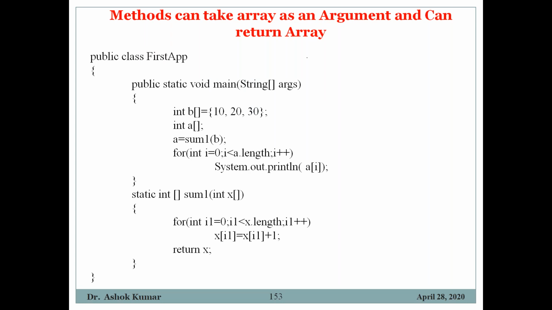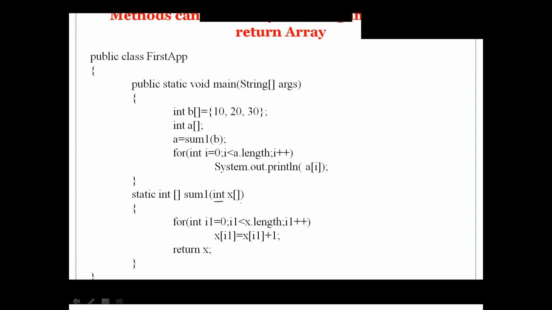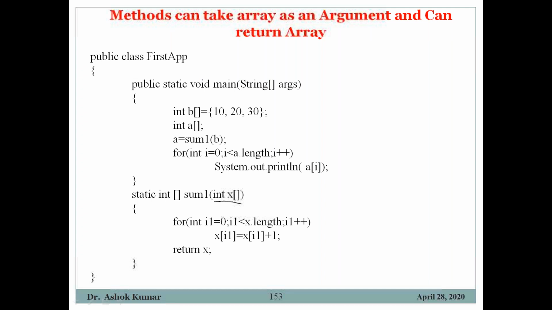The next slide is about a method that can receive an array as an argument, as a parameter, and return an array also. So in this example we have used again a sum1 method, and notice that its parameter is an array.